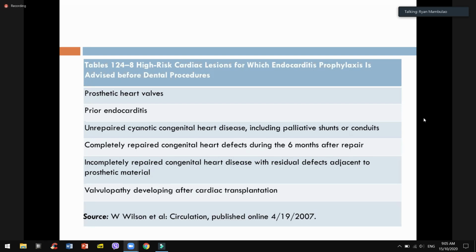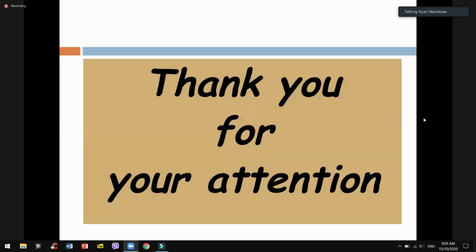We give, let's say, amoxicillin, or ampicillin, or ceftriaxone, about 30 minutes to 1 hour before the dental extraction. That's the prophylaxis. It's not 7 days before you allow the dental extraction. It's just about 1 hour before the procedure, and oral only. If they can't take oral, then give IV. That's it. Yay! We're done!